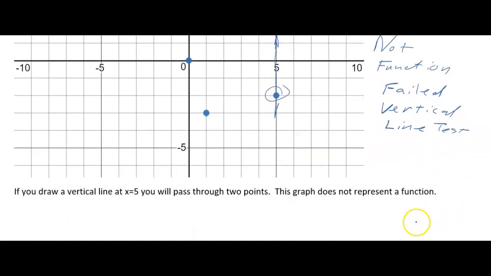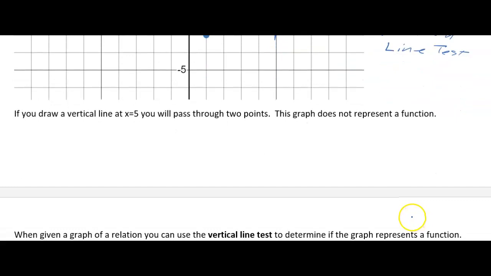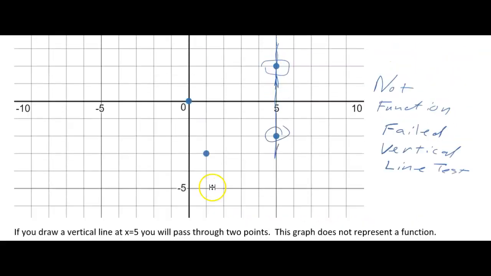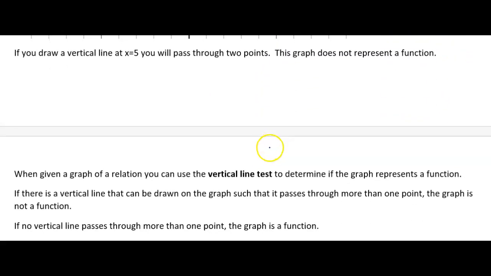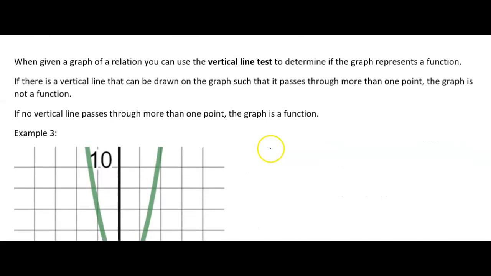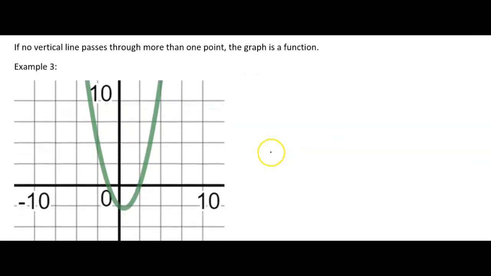So what if we have, more usually we get a graph that's not a set of points. If I drew a vertical line at x equals 5, which I did, I would see I pass through 2 points. So what if our graph is not just a set of discrete points? What if it's continuous, like a polynomial, like this quadratic?